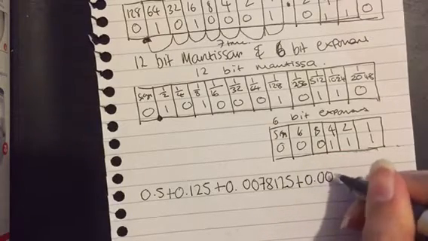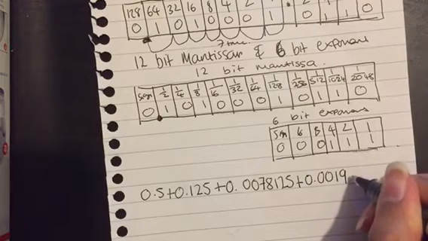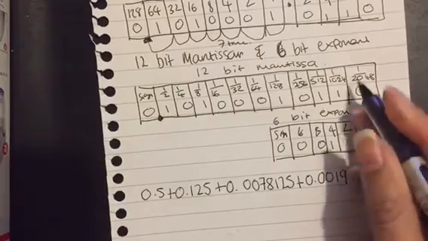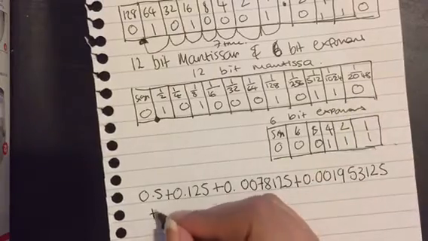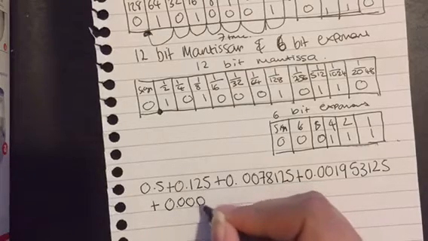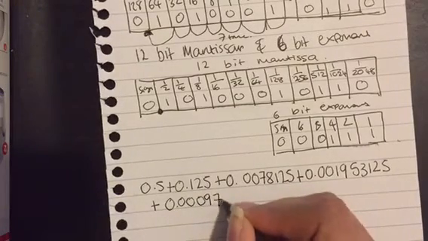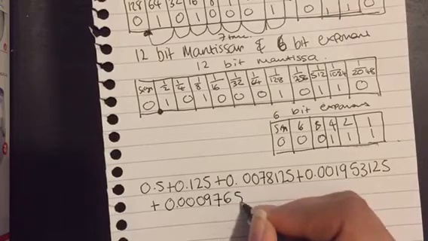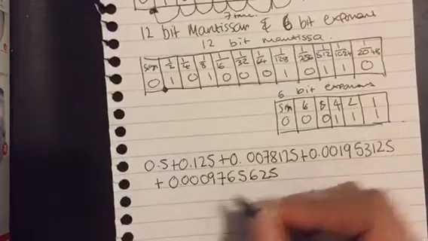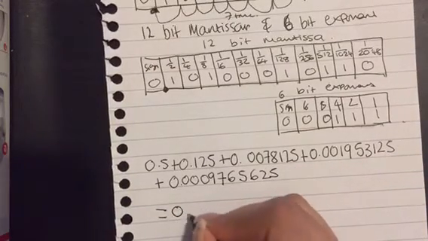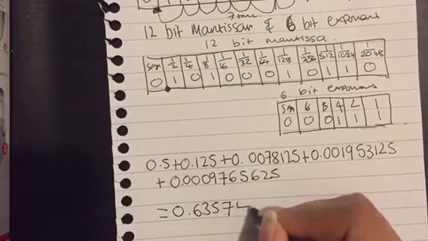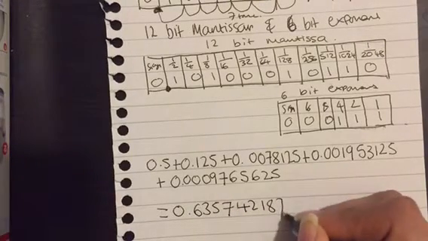We've got 0.001953125. We've got our 1 over 1024, which is 0.0009765, which equals 0.6357421875.